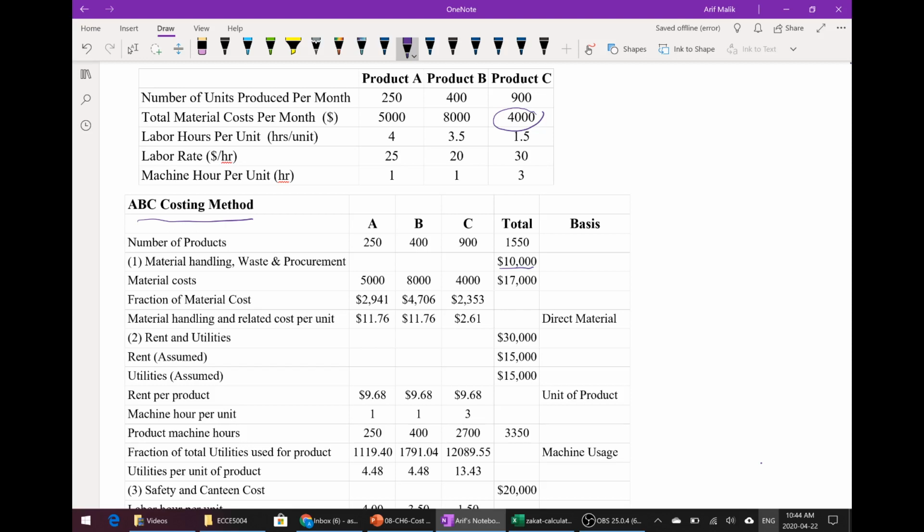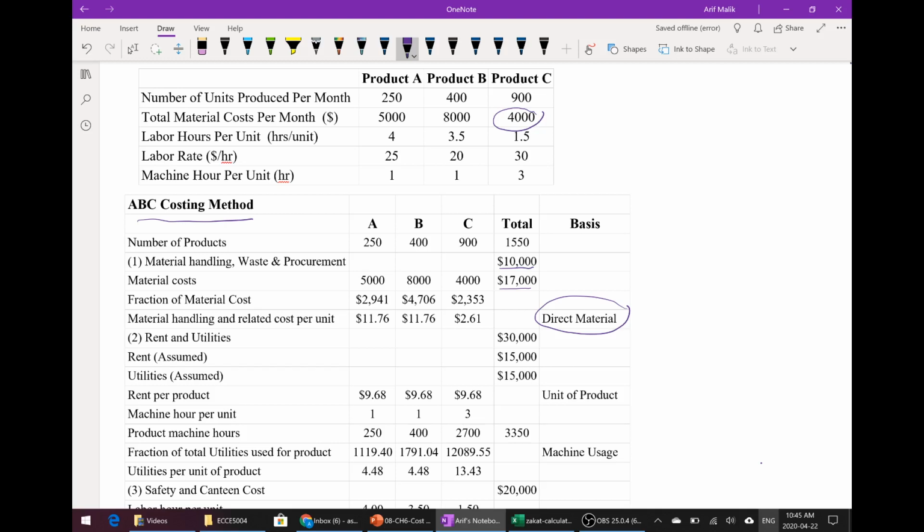The cost driver or basis we are going to use is direct material. The material costs are given: 5,000, 8,000, 4,000. If we add them, it is 17,000.